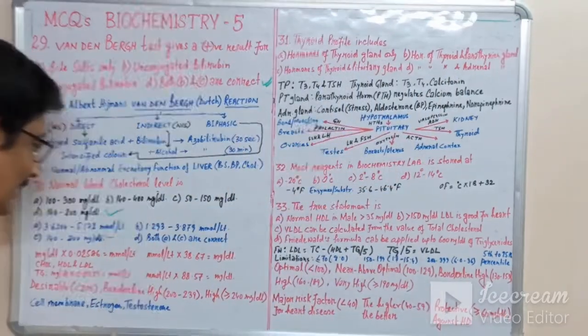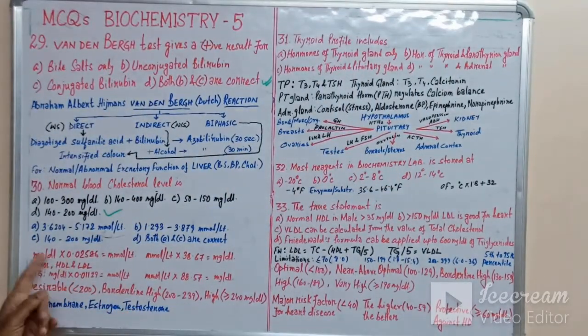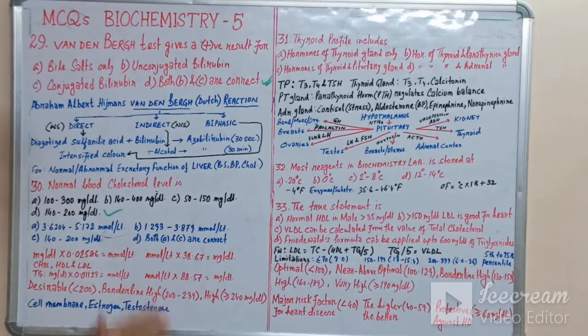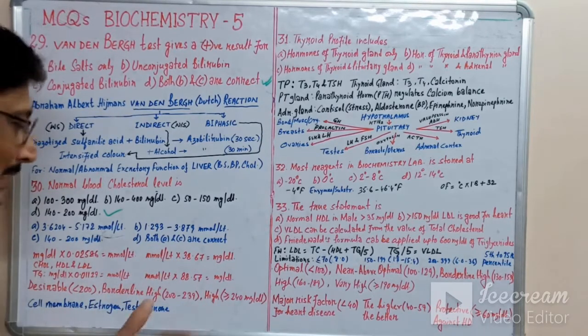But you have to remember that if the milligram per deciliter value is multiplied by 0.02586, it becomes millimole per liter. You can remember only 0.025, that much is sufficient. So this is the conversion of milligram to millimole per liter. And for millimole per liter to milligram per deciliter, you have to multiply with 38.67.